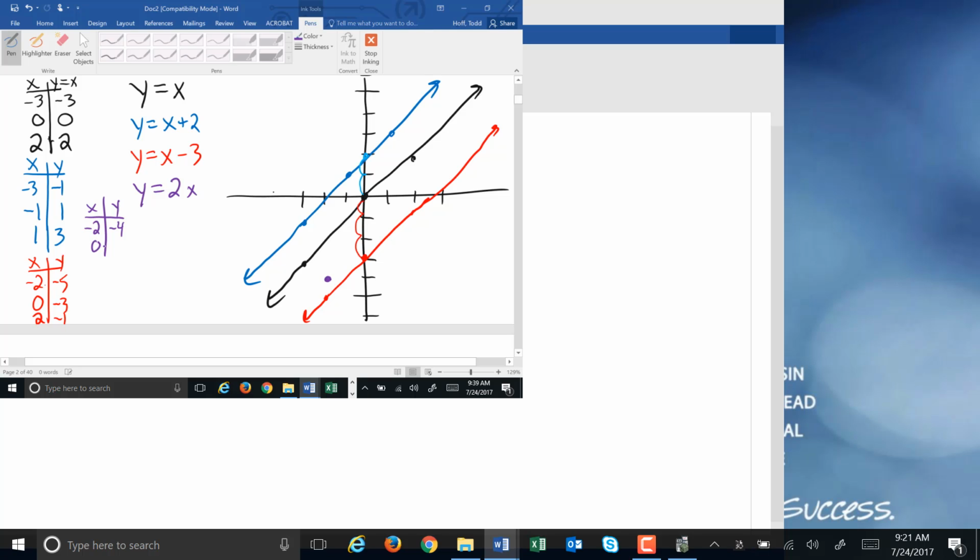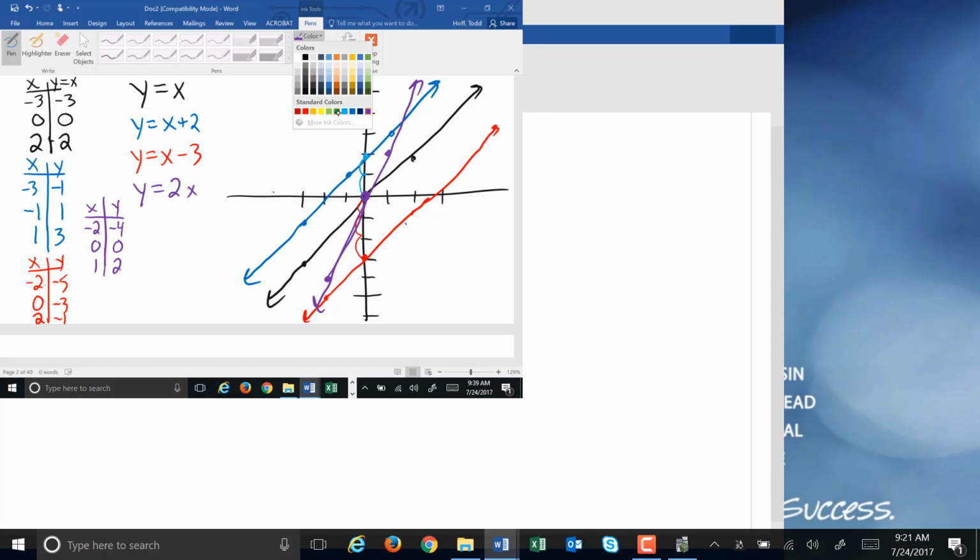If x is 0, what's y going to be? 0. 2 times 0 is 0. So back to the origin. If x is 1, y has to be 2. 2 times 1 is 2. So 1, 2 is a point right there. So yes, notice it's back going through the origin to the center. It just makes it steeper.